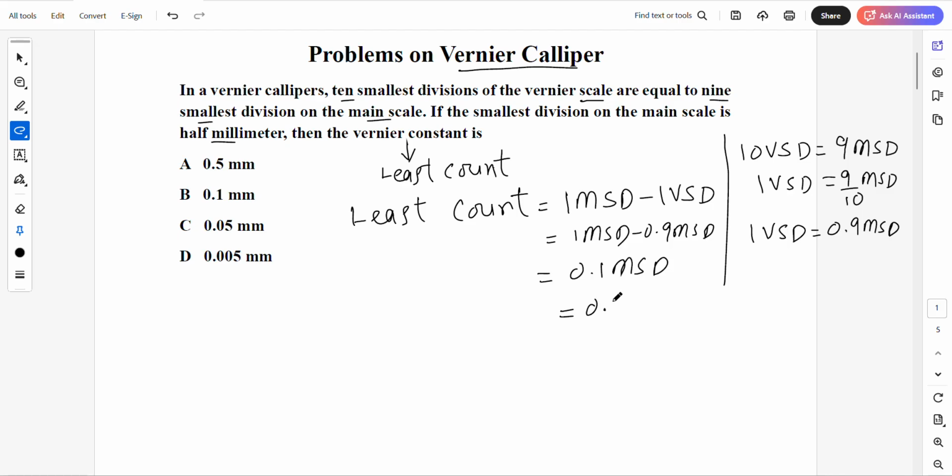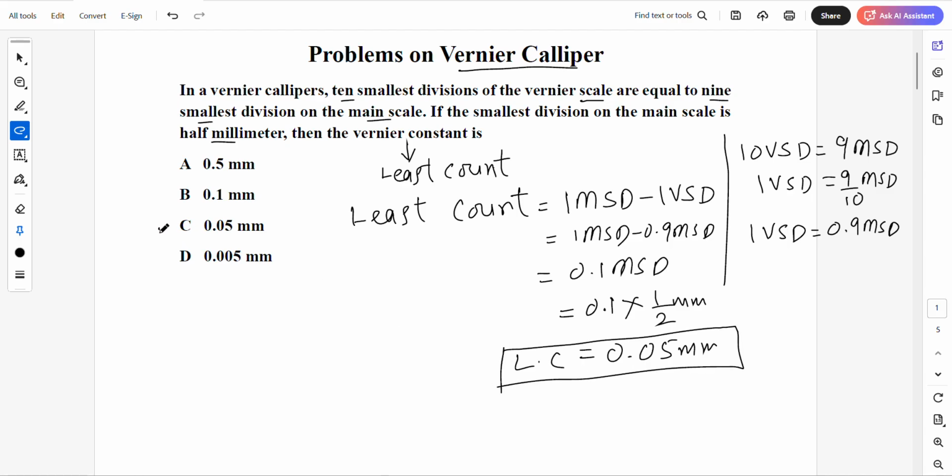Now that is equal to 0.1 into, if the smaller division on the main scale is half millimeter, you have to multiply it by 1 by 2. That is equal to 0.05 mm. This is half. That is, least count is 0.05 mm. Hope you understood this easy problem.